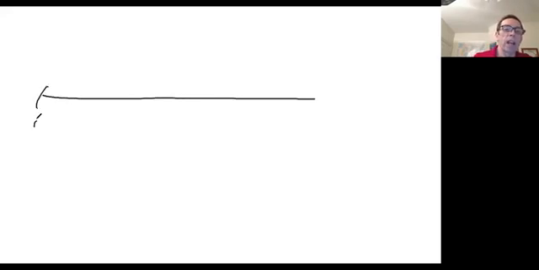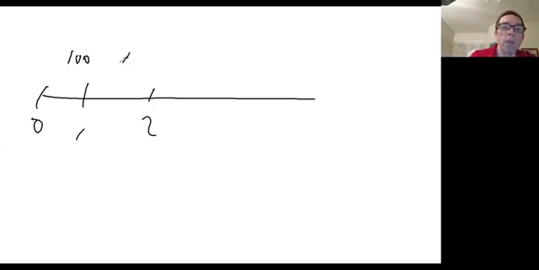Let's bring up the whiteboard, and let's say that we have a cash flow at time 1. So we're standing here at time 0, and at time 1, we're going to receive $100. Now at time 2, we're going to get 3% more than $100.